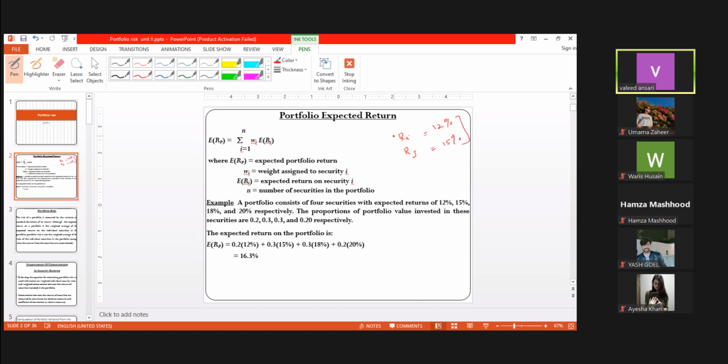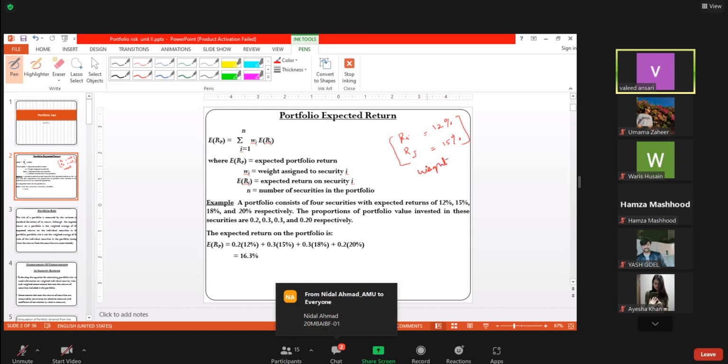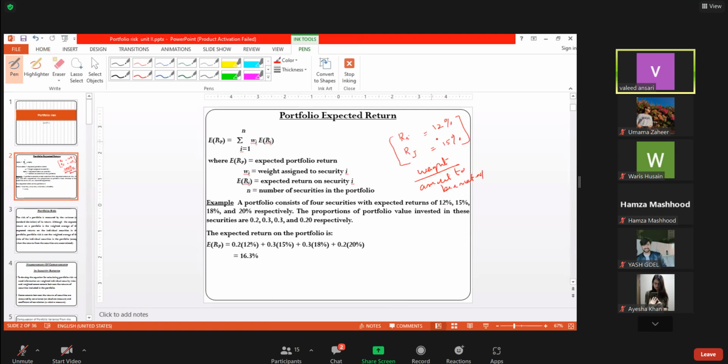Now if we combine these securities, one issue we have to decide is how much we are going to invest in each security, the amount to be invested, which we call weight. For instance, if we decide 50-50, so 0.5 into 12%, 0.5 into 15%. So it will be 6 and it will be 7.5. So the expected return on this portfolio will be 13.5.